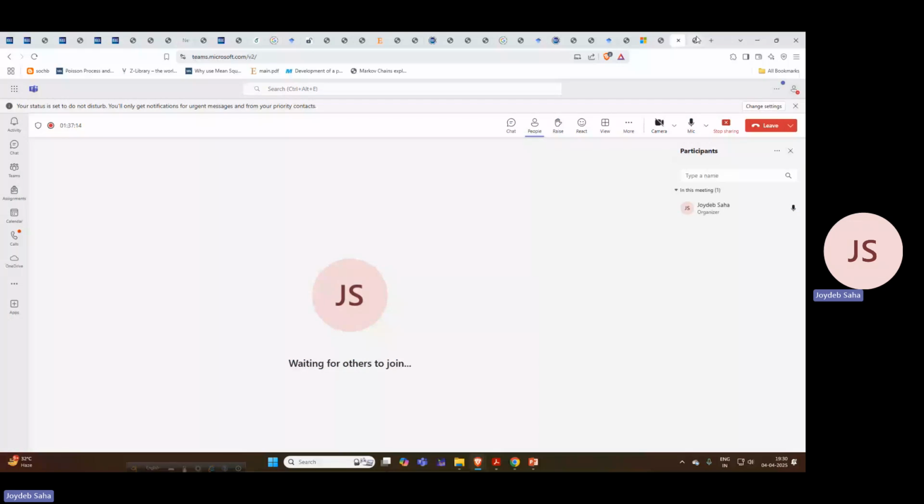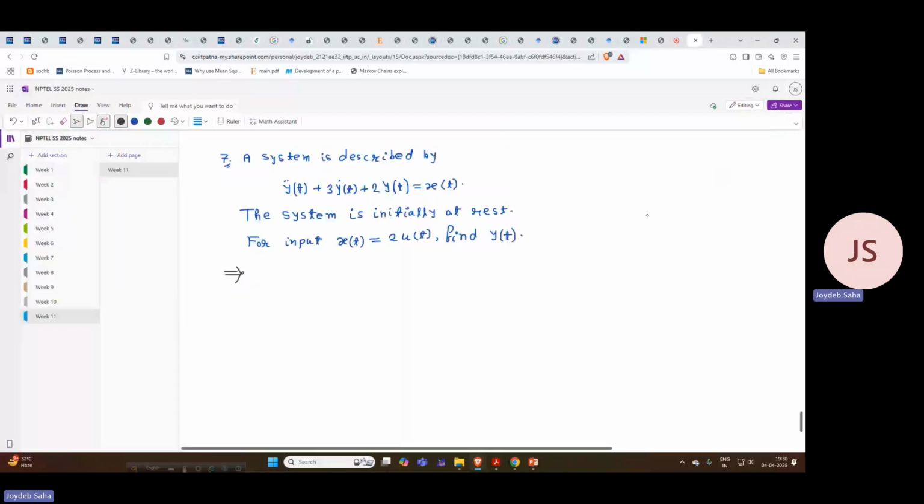Okay, so let us start the solution. It is given that y dot t plus 3 y t plus 2 y t is equal to x t.